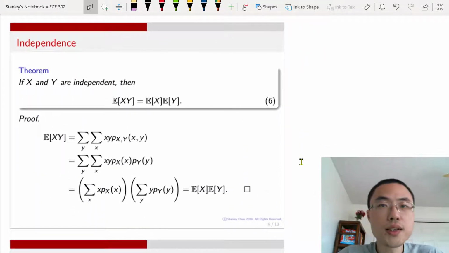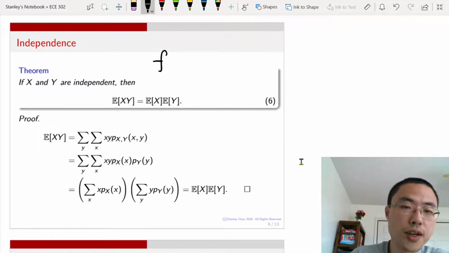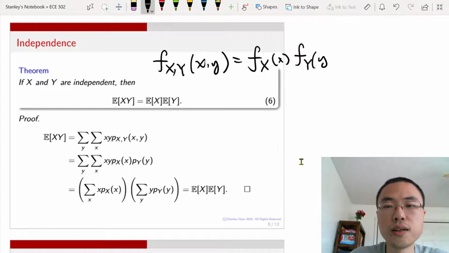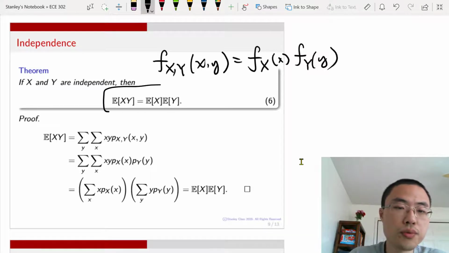Let us now talk about a very important concept called independence. If two random variables are independent, meaning that their joint PDF can be written as the product of the two marginal PDFs, that is, f_XY(x,y), which is a two-dimensional function, can be written as f_X times f_Y, or correspondingly for the discrete case the PMFs, then you will be able to get this result.